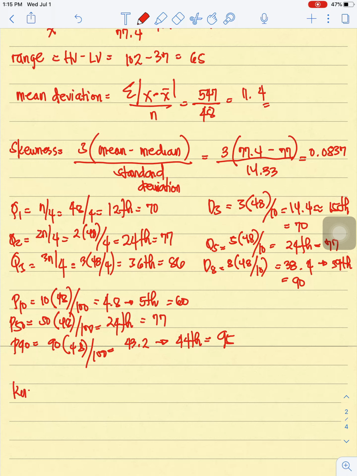Our kurtosis is equal to Q3 minus Q1 divided by 2, divided by P90 minus P10.